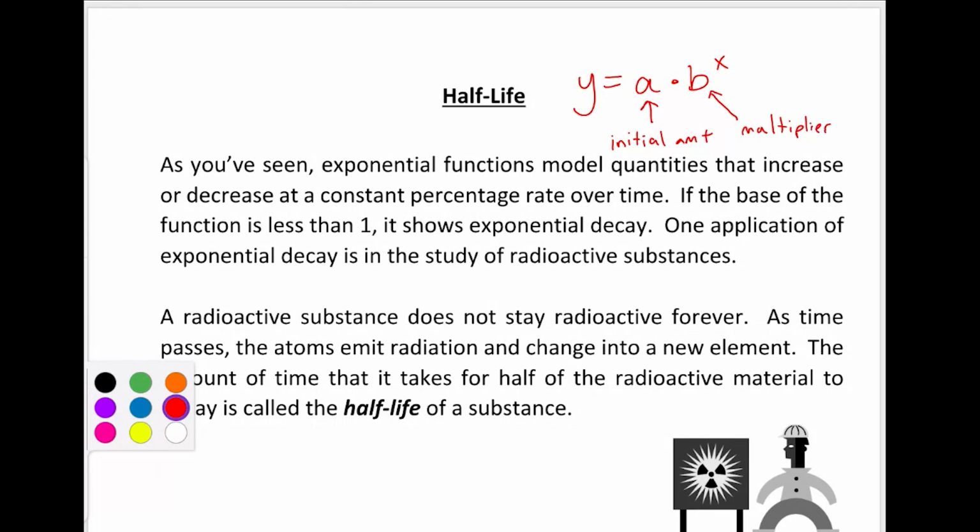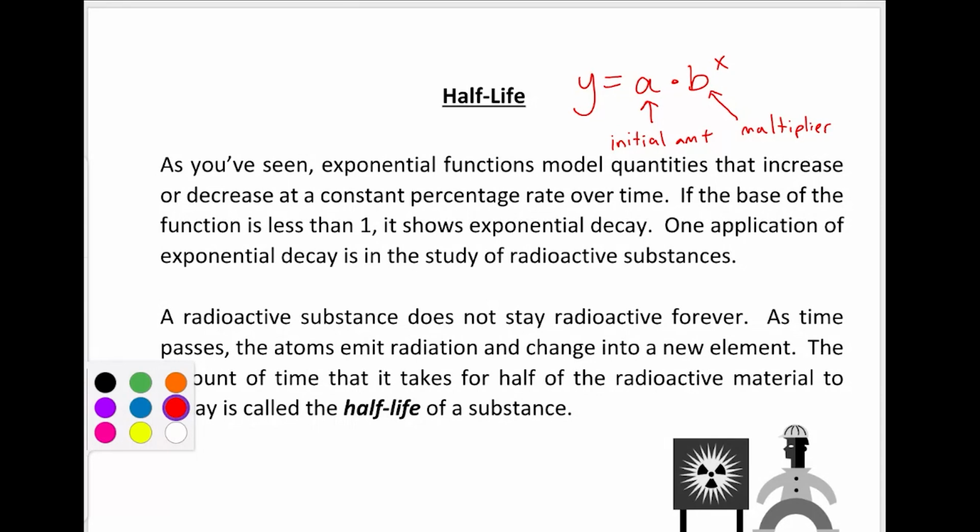What we saw in the last lesson is that if you're growing or decaying by some percentage, then we have to figure out the multiplier by adding or subtracting that percentage from 100%. So it'd be 1 plus the rate or 1 minus the rate. But here the multiplier is just going to be the same every time.